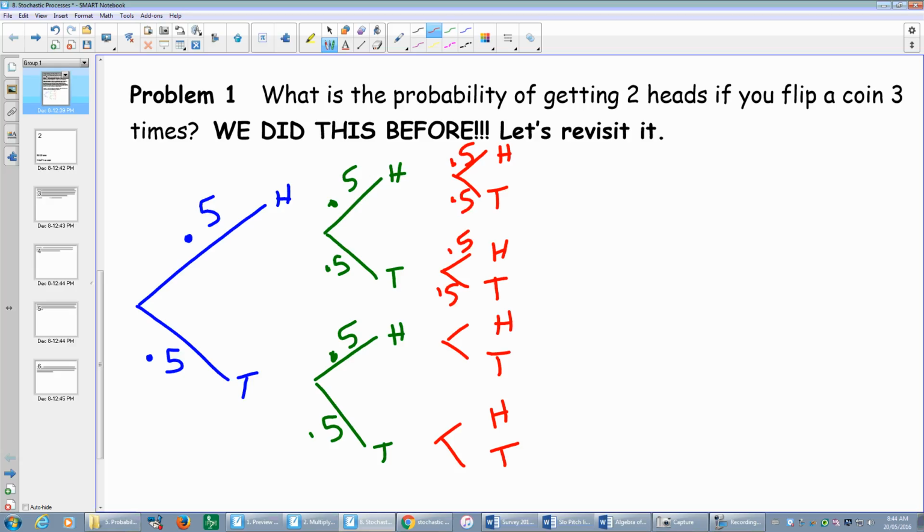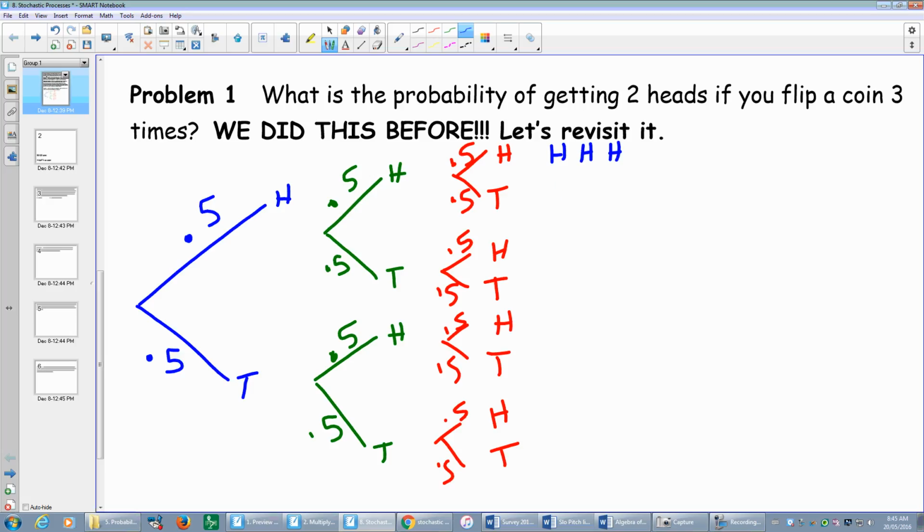There's a 50% chance of flipping each one of these. So I'm just going to write out all the outcomes here if I follow the tree diagram. This first one here represents flipping 3 heads.